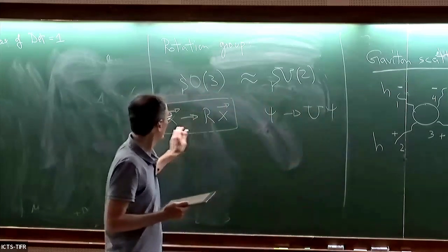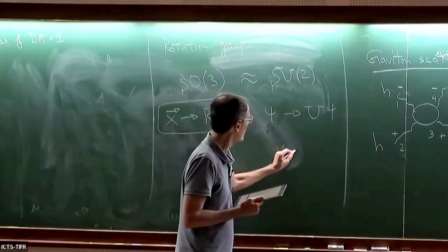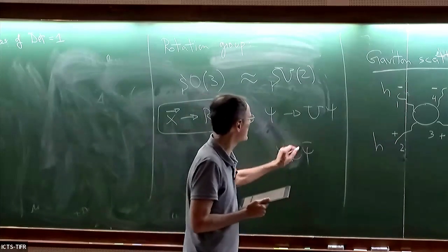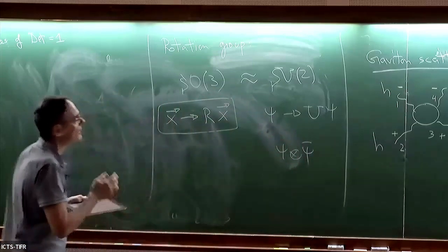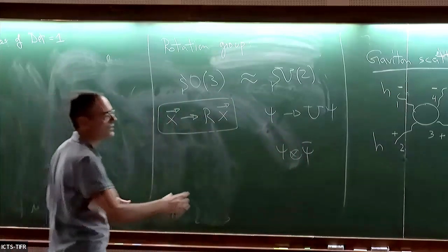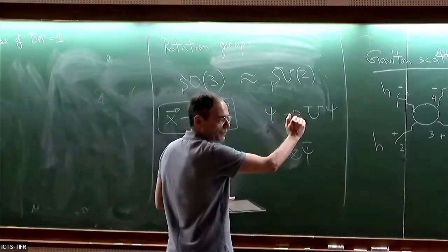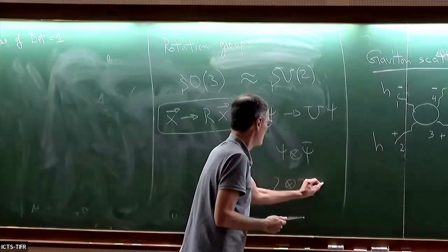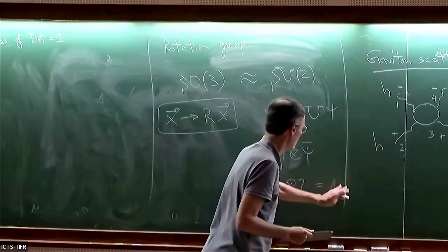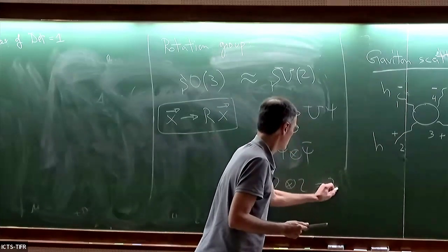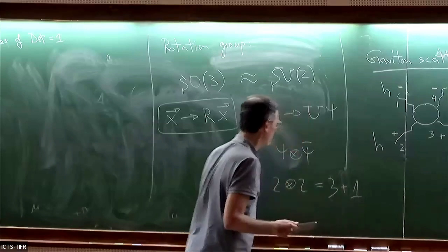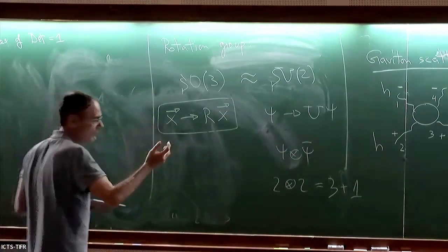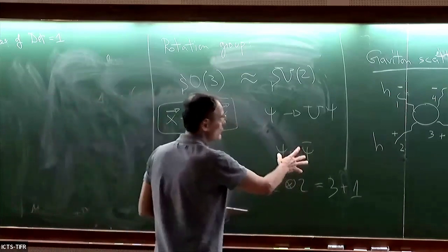You can also get higher representations by doing products of the simple spinor representation, so spin 1 can come from a product of two spin one-halves: 2 times 2 gives 3 plus 1. So two electrons, for example, can have spin 1 or spin 0.